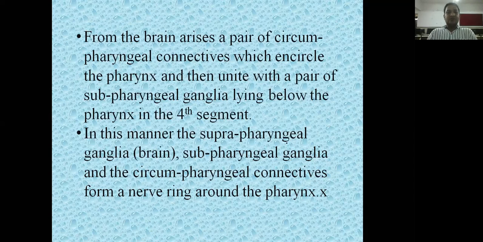In this manner, the suprapharyngeal ganglia, subpharyngeal ganglia, and circumpharyngeal connectives form a ring-like structure around the pharynx.